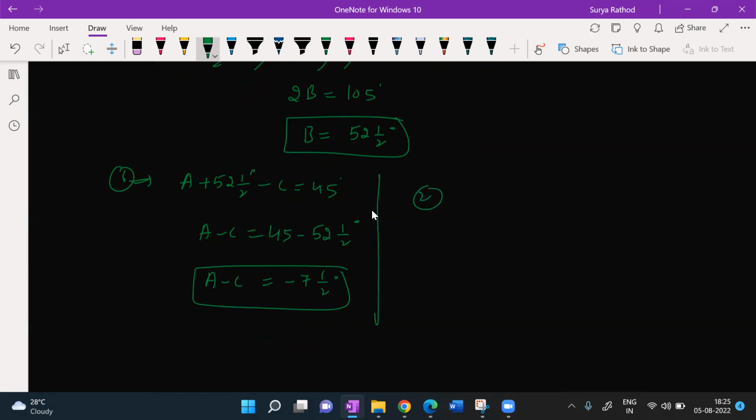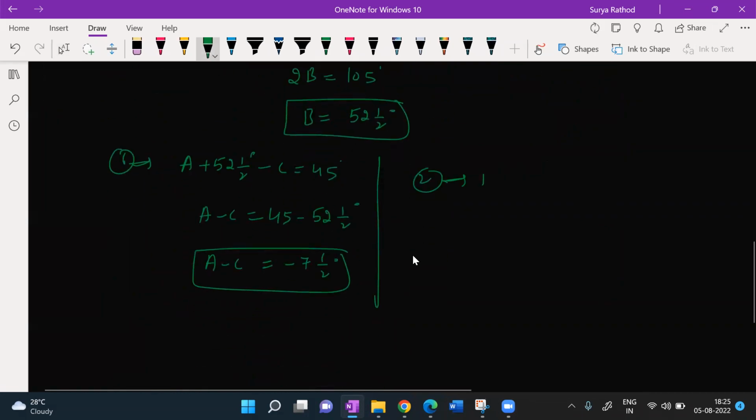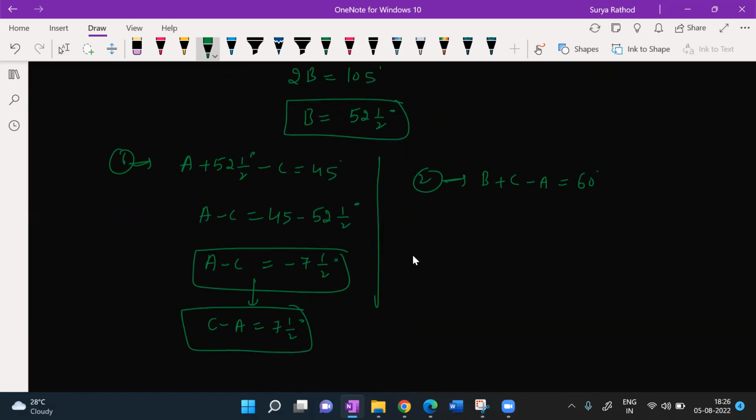From the second equation, B + C − A = 60 degrees. Now can I write this as C − A? C − A is equal to 7 and a half degrees, since I took minus common. So B + 7.5 degrees = 60 degrees. B is equal to how much? 62.5.